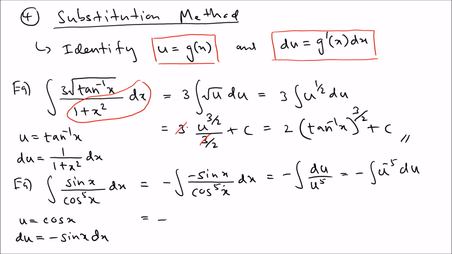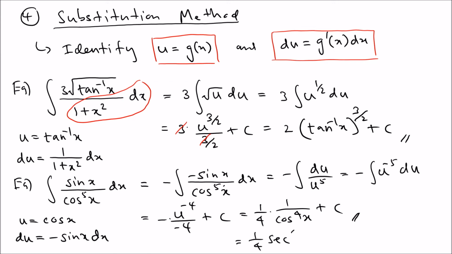It's a negative, and then you add 1, negative 4 divided by negative 4 plus c. So the negatives get cancelled, so 1 over 4 u to the 4th. u equals cosine, so that means 1 over 4 cosine to the 4th x plus c. You can write it like that, or you can write the same answer using secant, so 1 fourth secant to the 4th x plus c. Any of them are valid, because that's another trigonometric function.